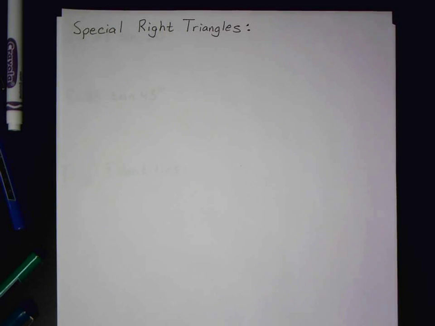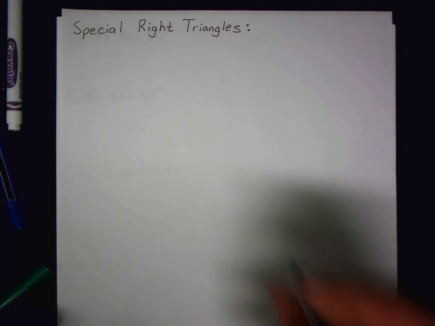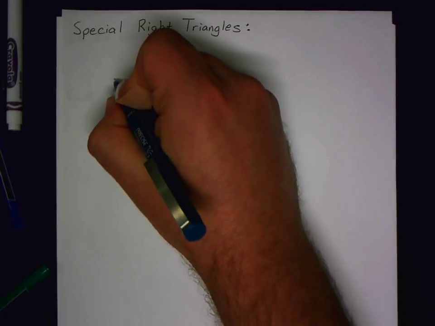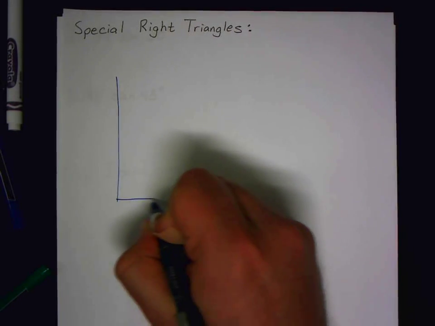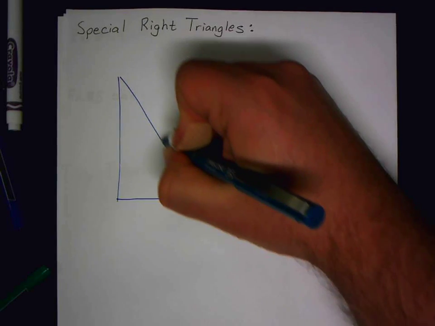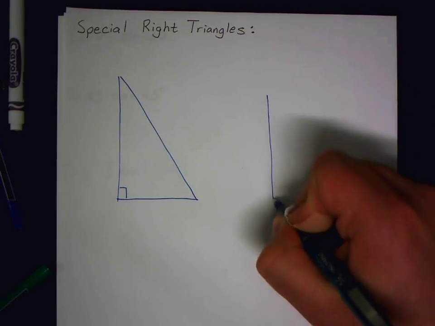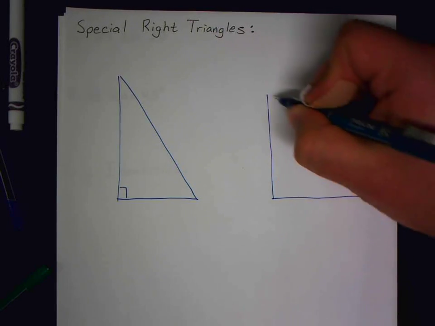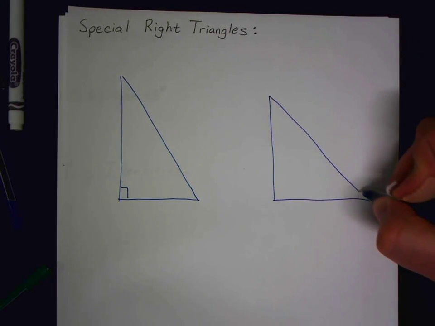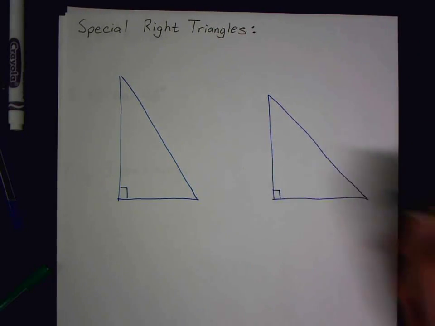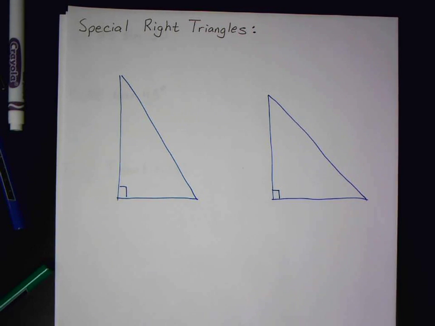Awesome. Special right triangles. Okay, what are your two types of special right triangles?